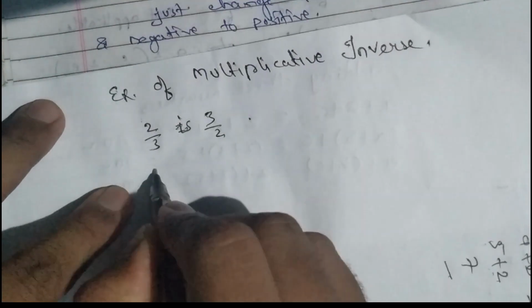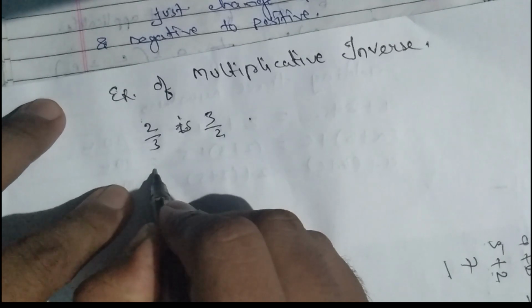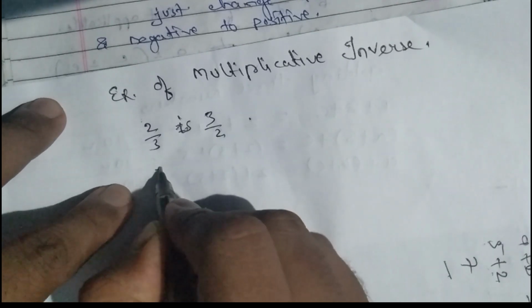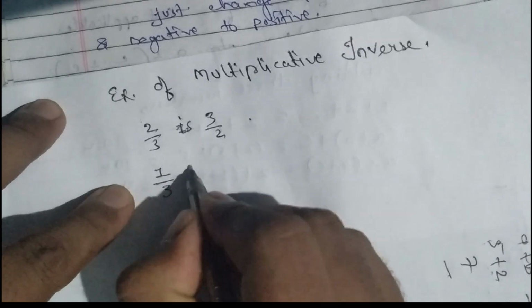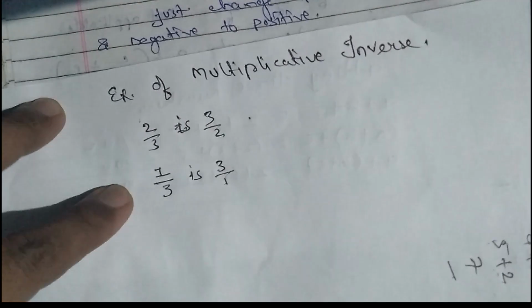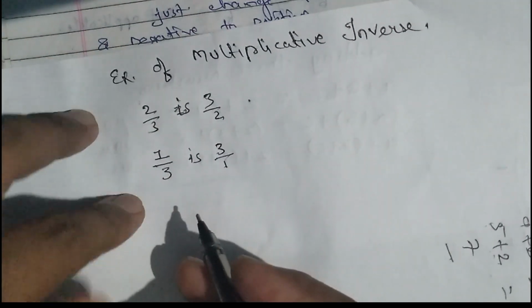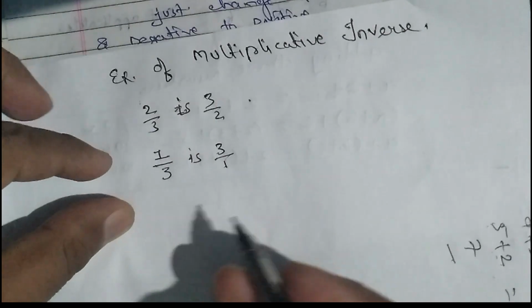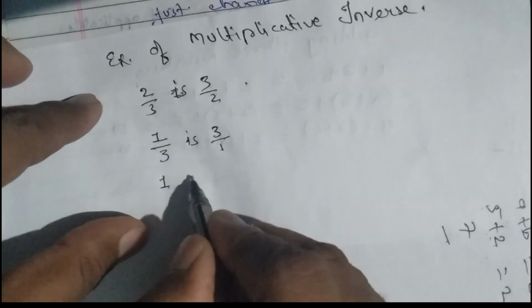Another, what is the reciprocal or multiplicative inverse of 1 upon 3? It is just 3, because 3 upon 1 is 3. What is the reciprocal or multiplicative inverse of 1? 1 is 1.